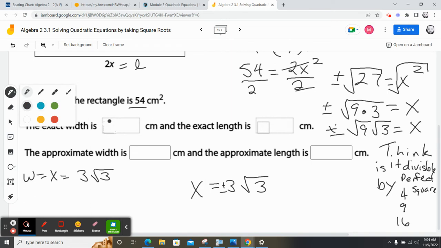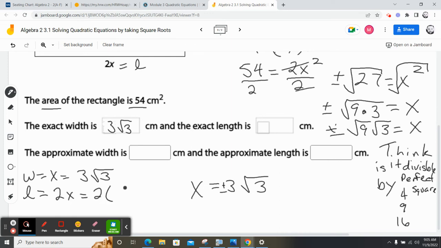The exact length, remember, is 2 times x, or 2 times 3 root 3. So here, you just take the 2 and multiply it by 3, and you get 6 root 3.